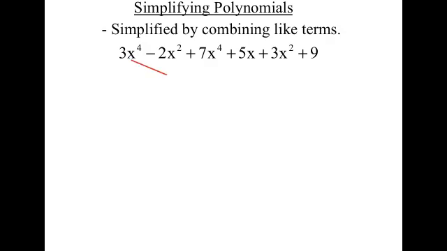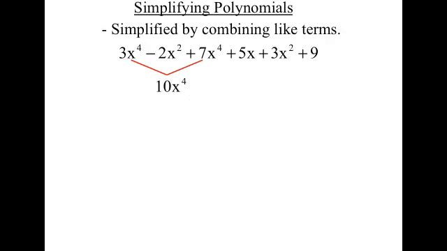So 3x to the 4th plus 7x to the 4th. Remember, these are like terms when they have the same exponent and same variable. So 3x to the 4th plus 7x to the 4th makes 10x to the 4th.